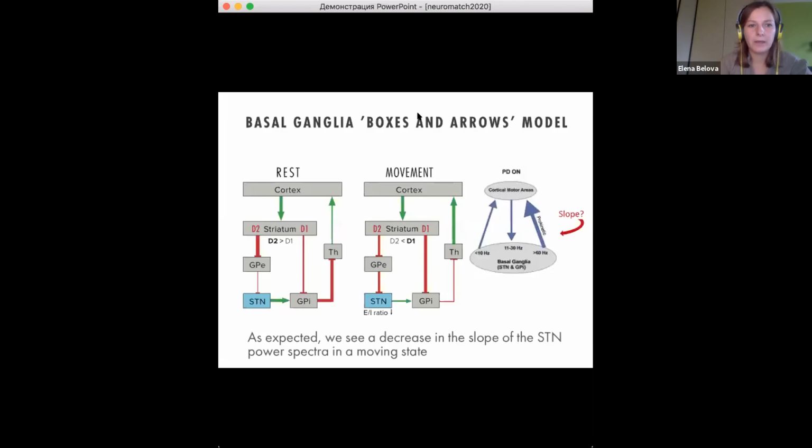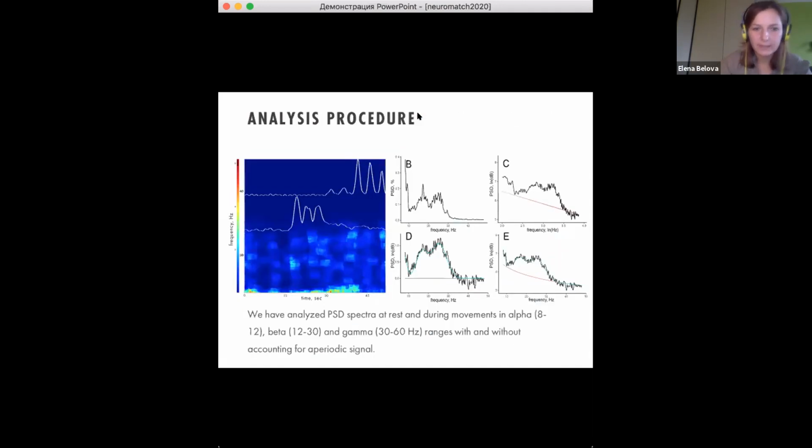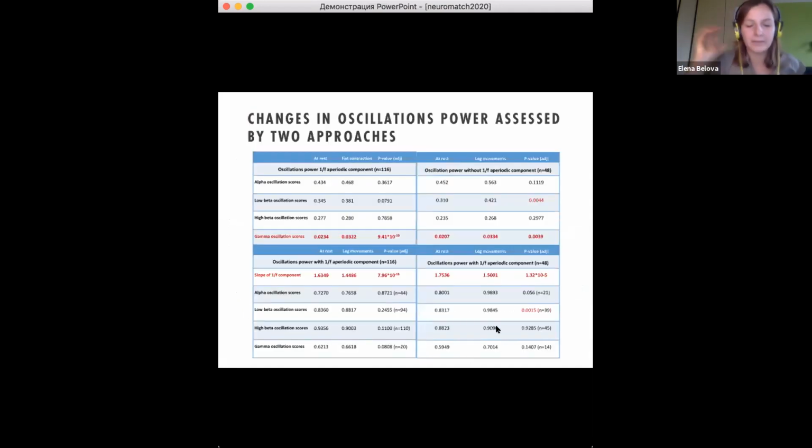I have shown here on the slide, though I haven't mentioned it, the N number for the aperiodic component method. There are only 14 cases from 48 that showed any gamma oscillation after extracting this slope.